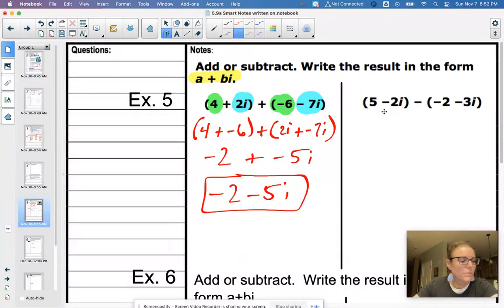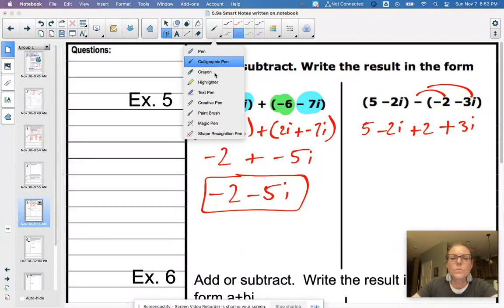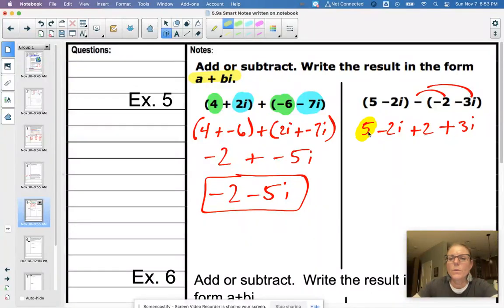Over here, first of all, we have to distribute that negative. So we get plus 2 plus 3i. So we have the 5 and the 2 and the negative 2i and the 3i.